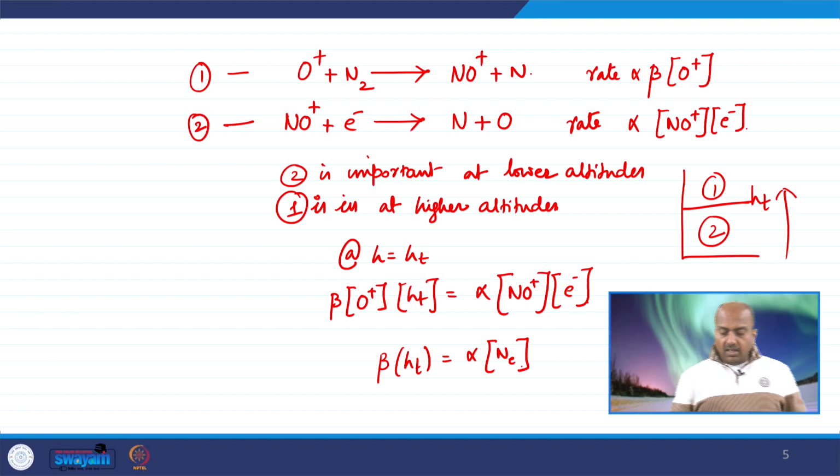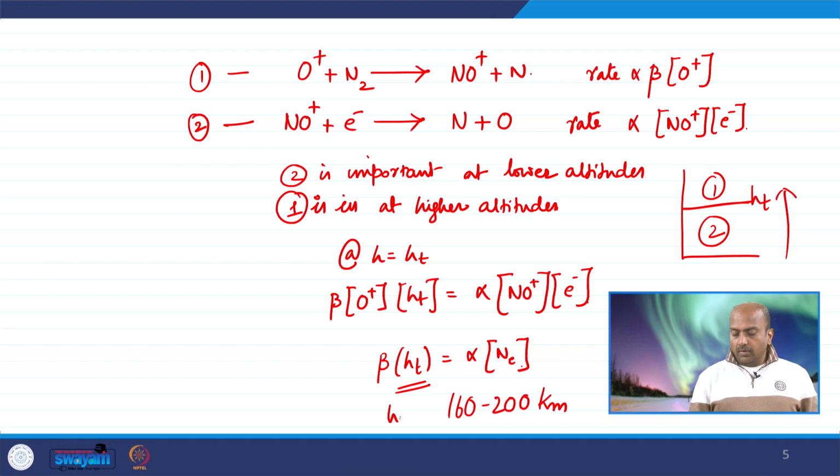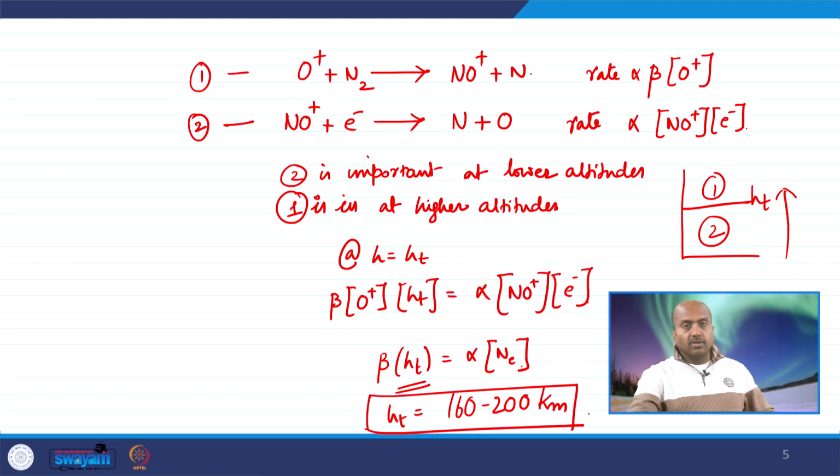Here ht is the transition height, which is generally between 160 to 200 kilometers. So, this is also fitting the description because that's where we expected the transition to occur. Because after that, we know the F2 peak actually persists, right?